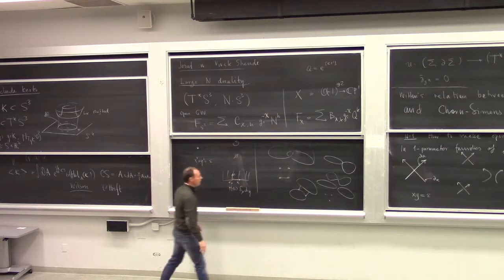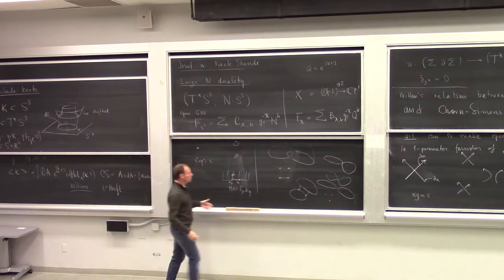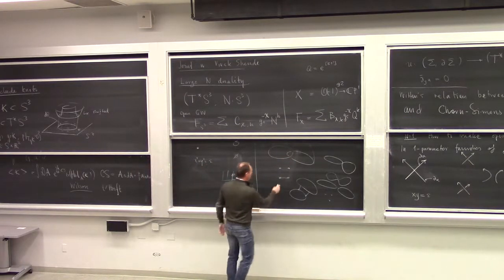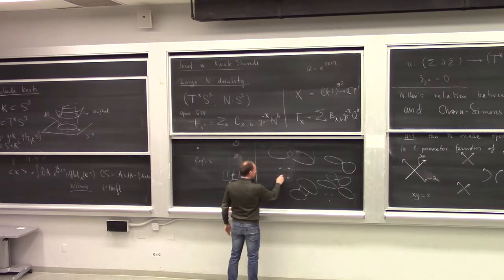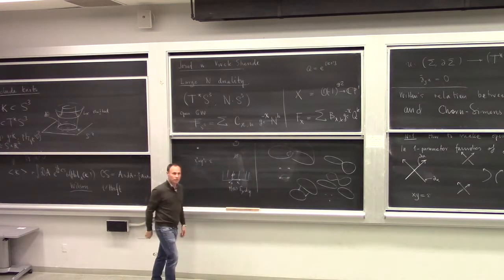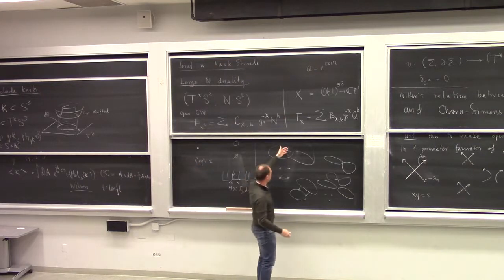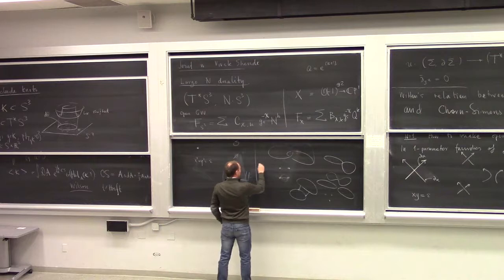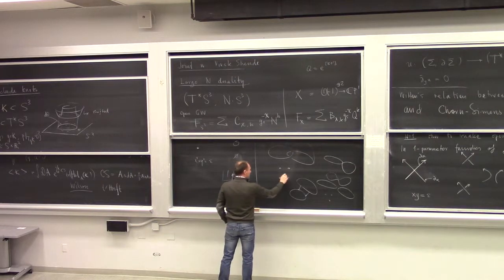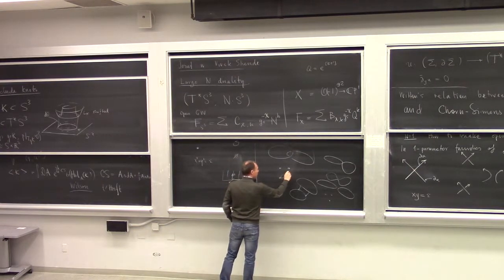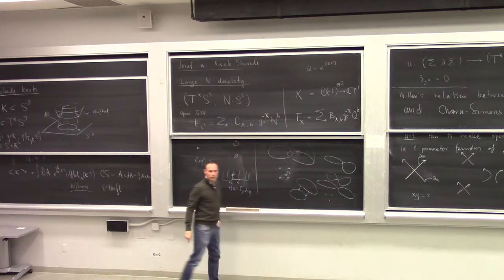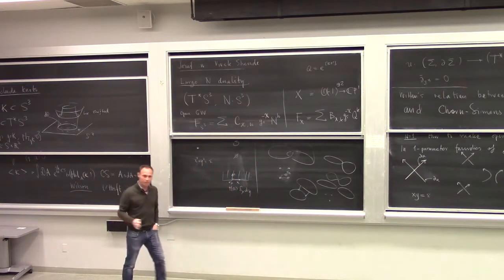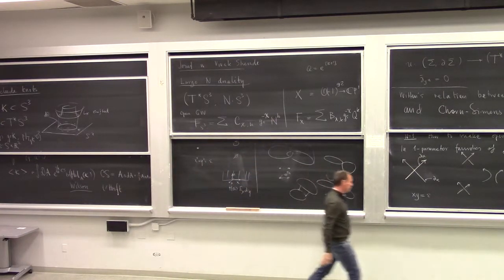And the claim is that in higher genus you should just do the same thing, but instead of counting just these guys, you should count all kinds of graphs that you can dream of. So rather the contribution from here would be, the edge should be weighted by e to the gs rather than just gs. So that's a nice thing.